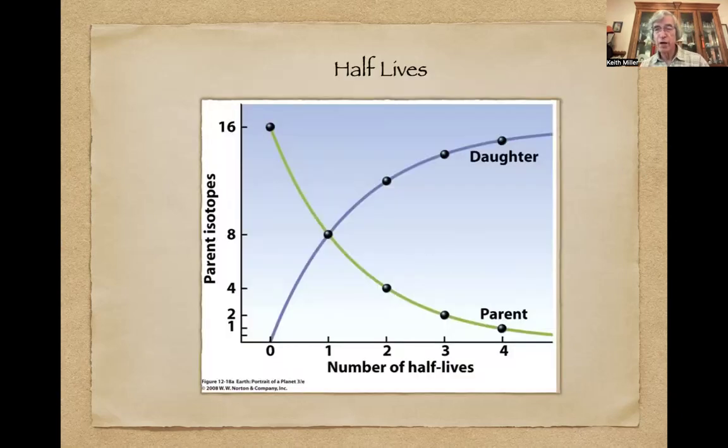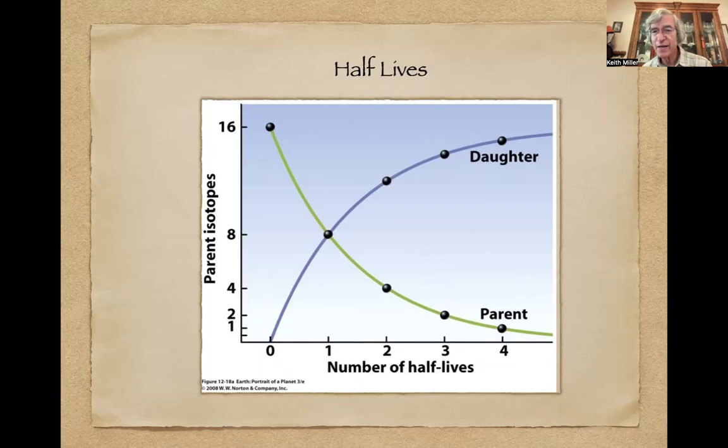So here is a simple diagram of how half-lives work. You start here with a parent, and for real simplicity, let's say that it has 16 atoms.